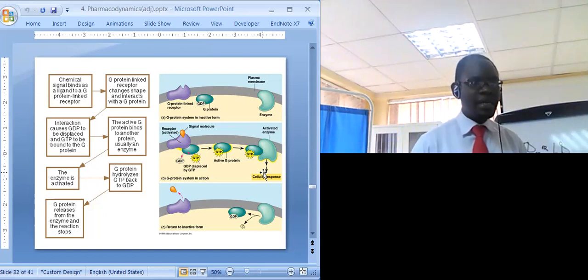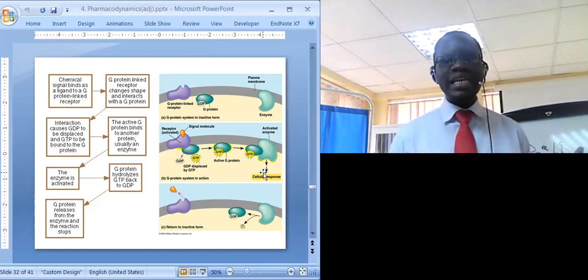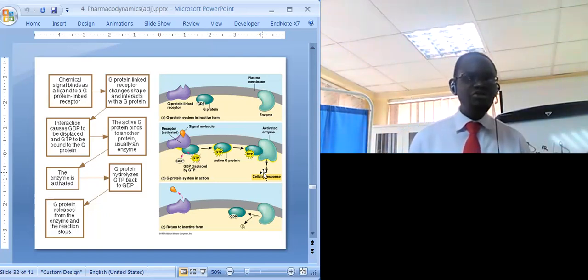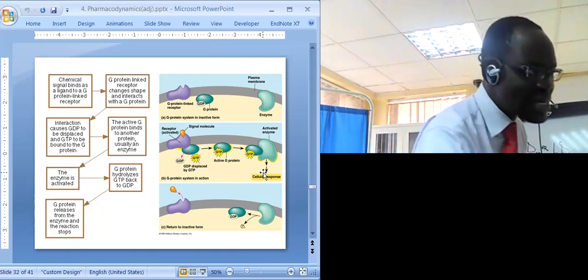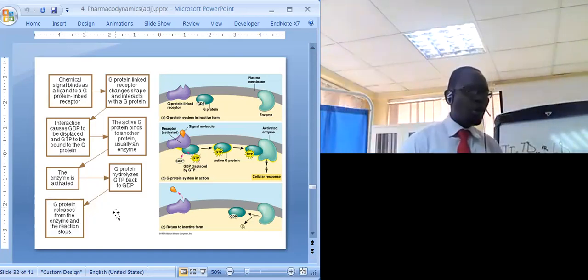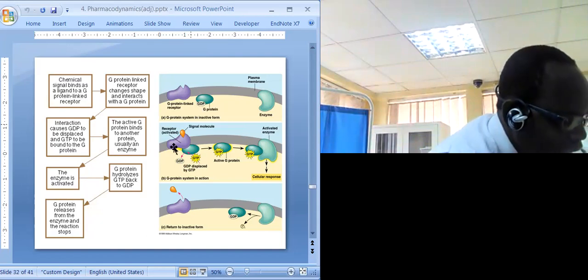So different cellular responses happen, and as a result, the drug produces its effect. Once the enzyme is activated, the G protein hydrolyzes GTP back to GDP, releases from the enzyme, and the reaction stops. So it returns back to normal, as it was.